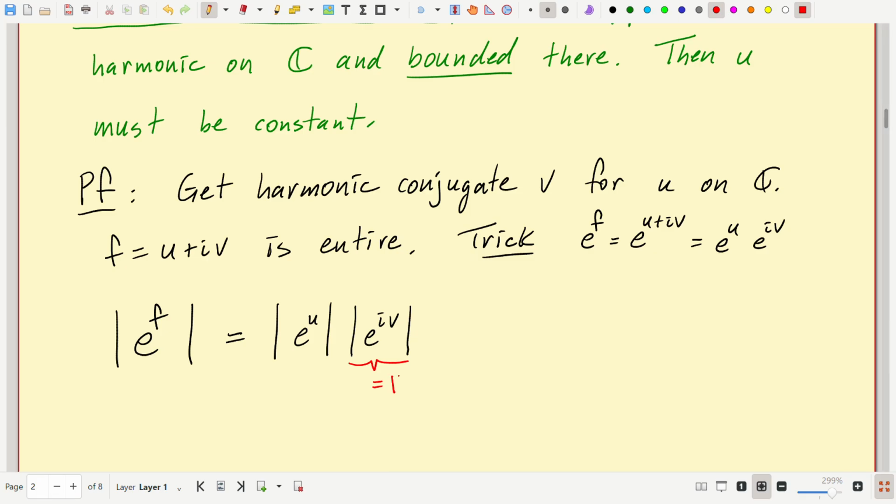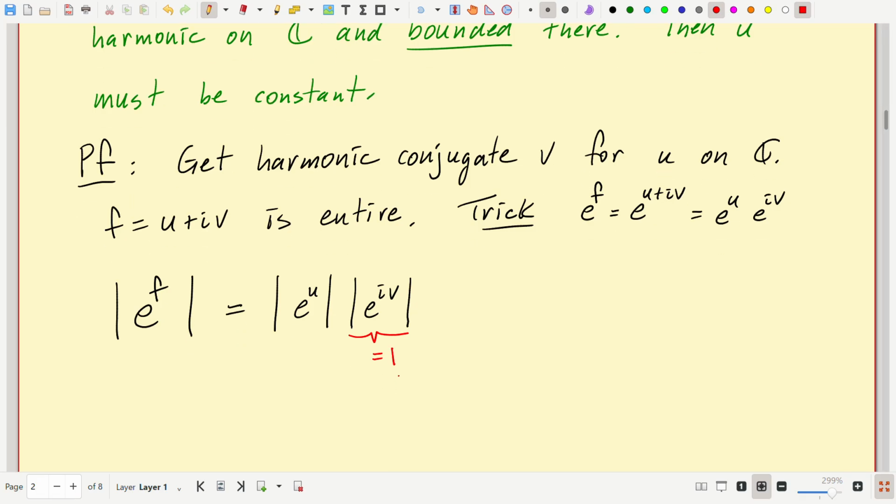This one has modulus 1, because that's an e to the i theta for some angle, except theta is v there. And so the modulus is equal to e to the u.